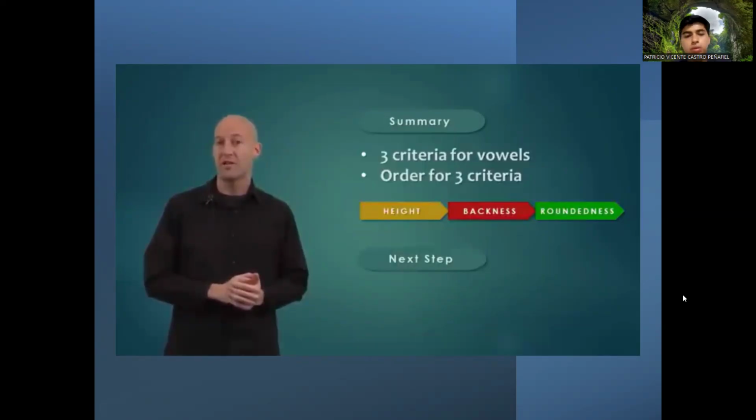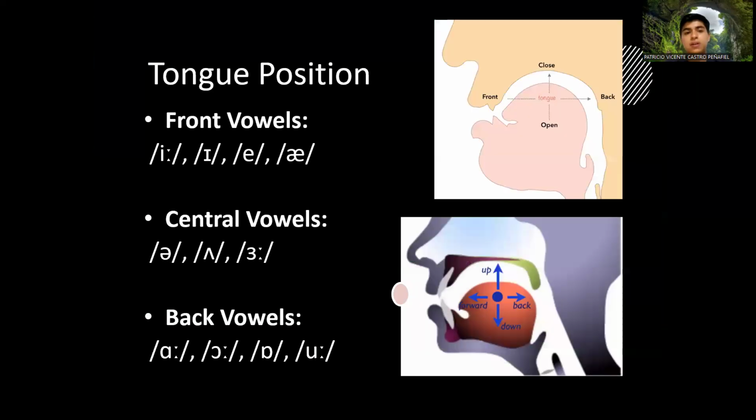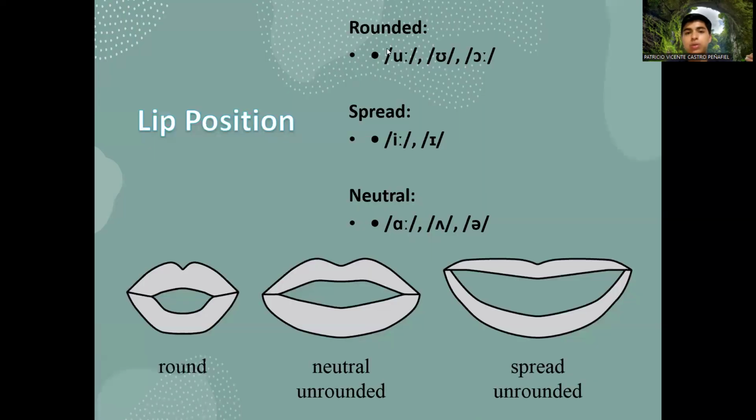Okay, I hope you understood everything with this video because this is very important to understand. The person here talked about different things that we have studied so far, for example, tongue position and lip position. It's not the same when we're talking about rounded, spread or neutral positions because they are very different.